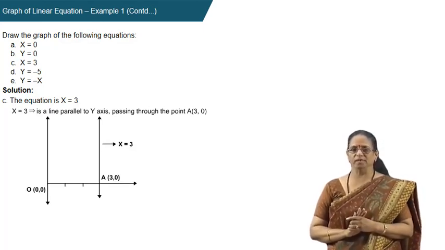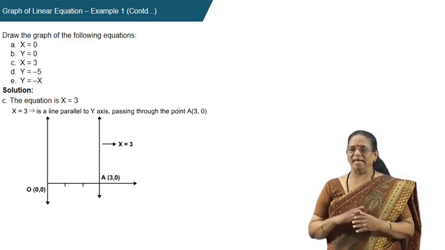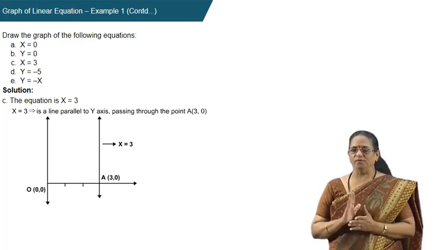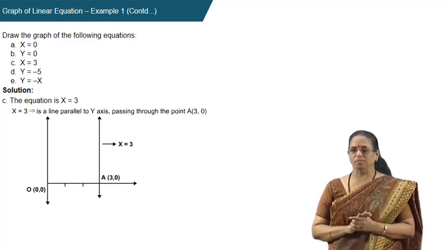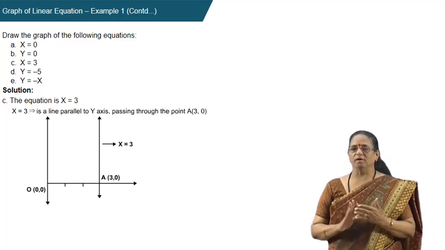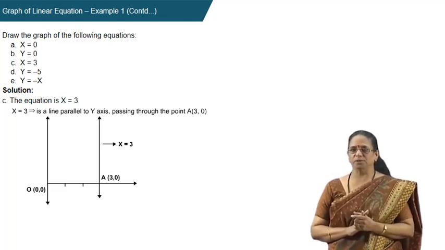X equal to 3 means for any value of y, your value of x is always 3. That is, the x coordinate will always be 3. So this line will pass through the point (3, 0) and it will be parallel to your y-axis, as shown in the graph.